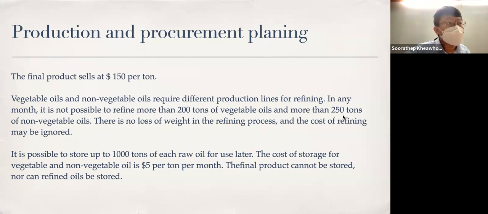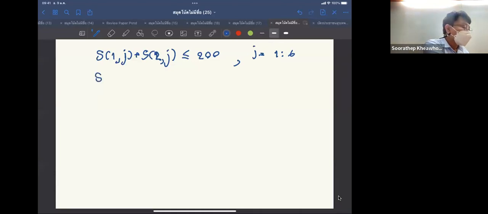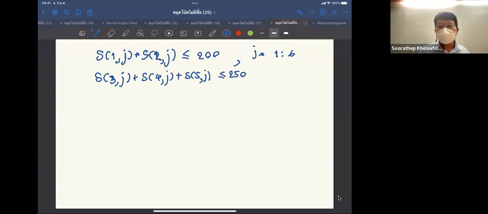For non-vegetable oil, 3, 4, 5 are oil 1, oil 2, oil 3. S3J plus S4J plus S5J less than 250, and J must be 1 to 6, the same.